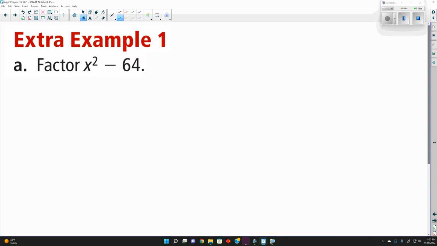So let's look at the next one, x squared minus 64. So what times itself is x squared? X, and then 64 is? So what would this be? Because what times itself is 64?